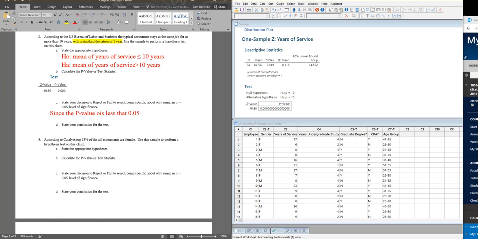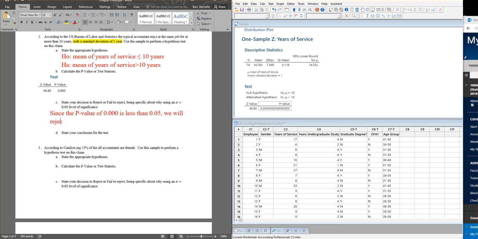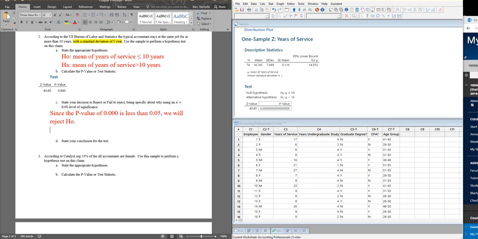Let's be specific, of 0.00, so small, can't tell, is much less than 0.05, we will reject the null hypothesis. Since my p is small, I have a sample that really shouldn't happen if H0 were the truth, so we will reject H0.